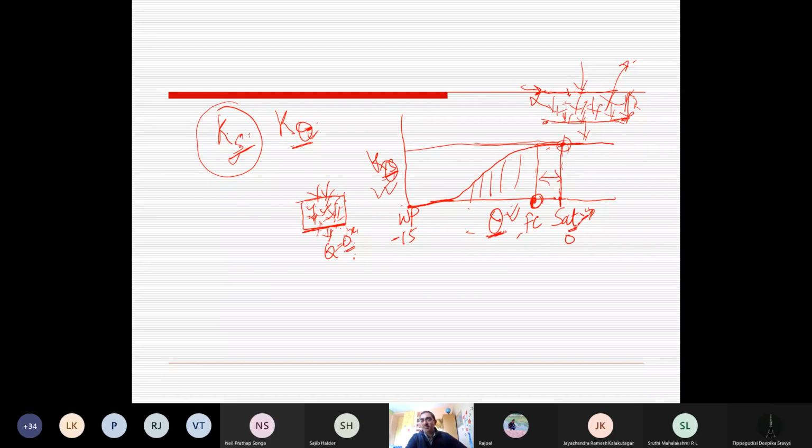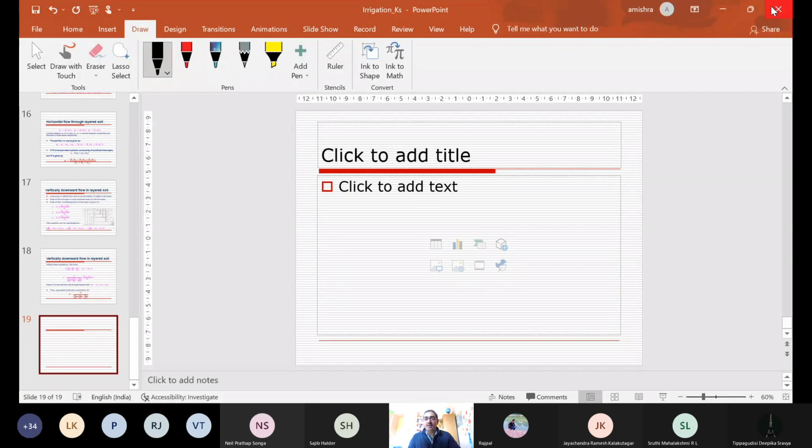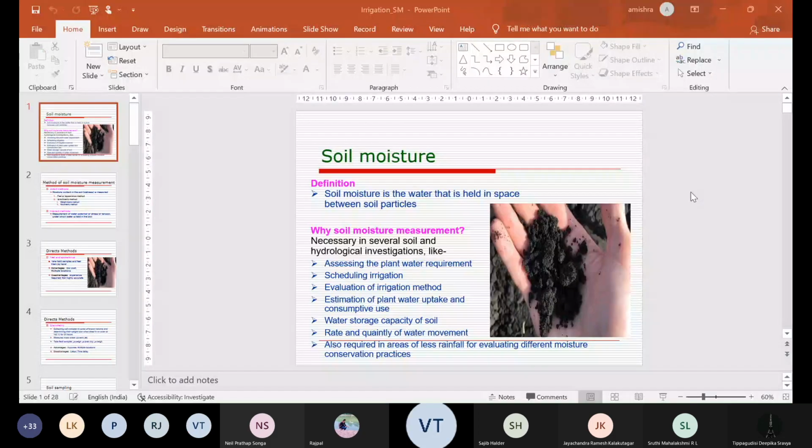Saturation water cannot be taken by the plants. So the next part is to measure the soil moisture content, and that's why the next discussion will be on soil moisture measurement.